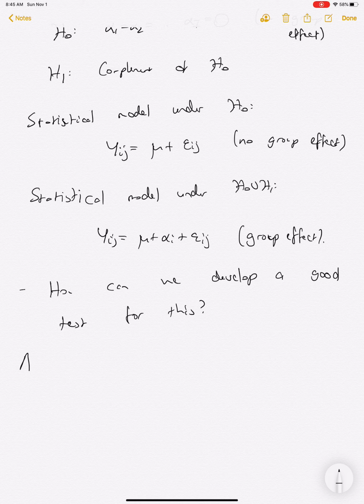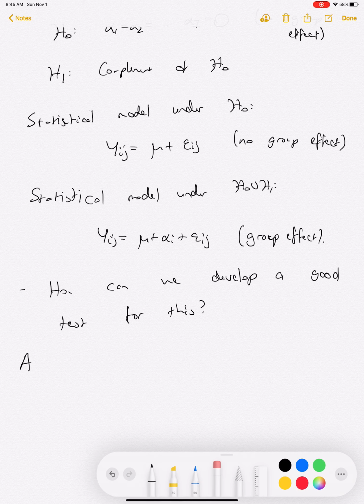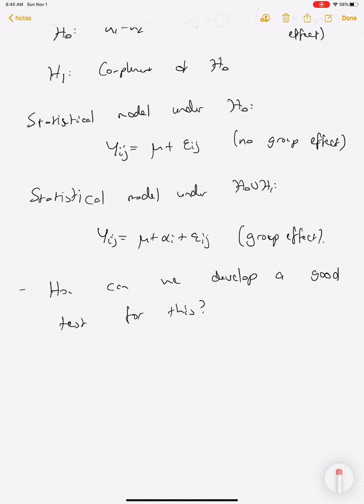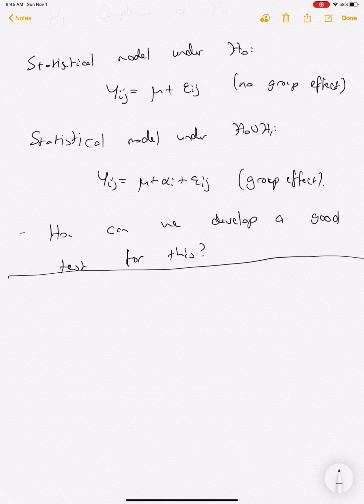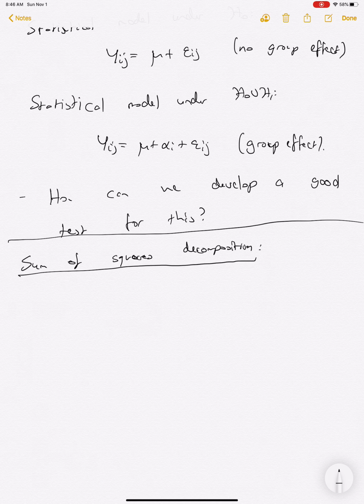So this I'm going to talk about as probably the newest and most interesting, or useful, thing that you'll learn from this lecture, the sum of squares decomposition. Okay, so the sum of squares decomposition is as follows.